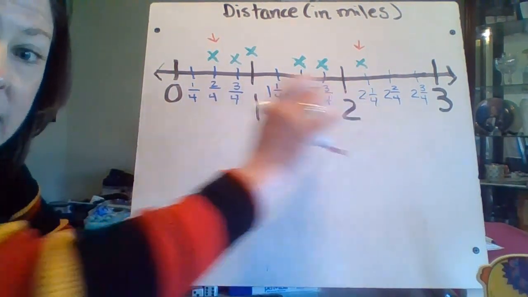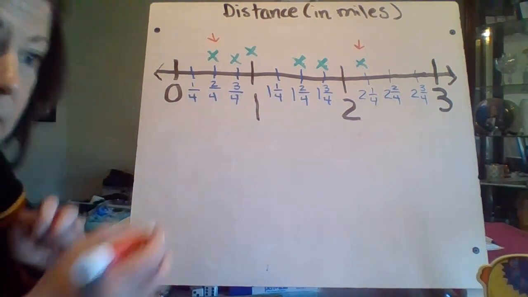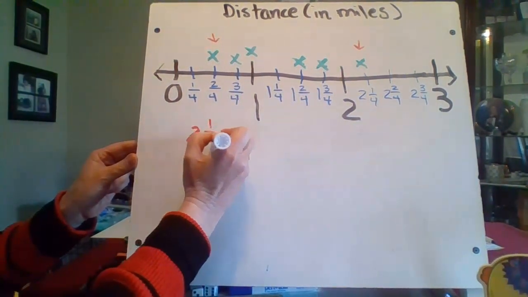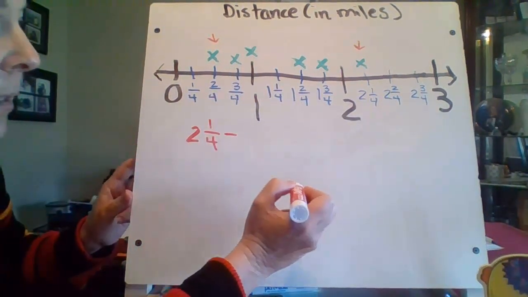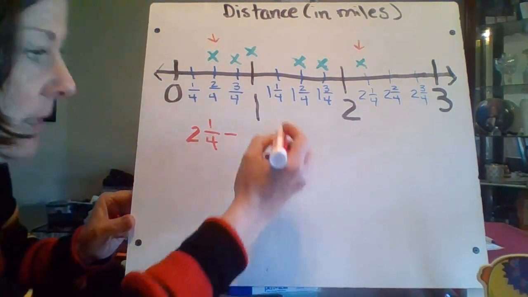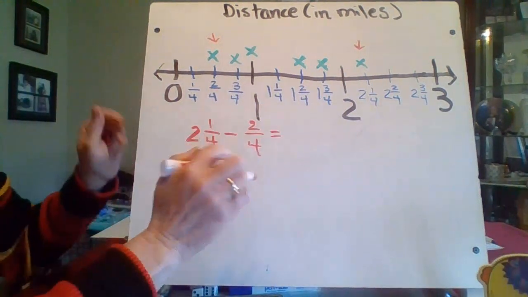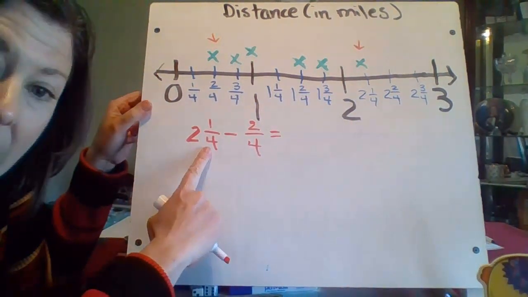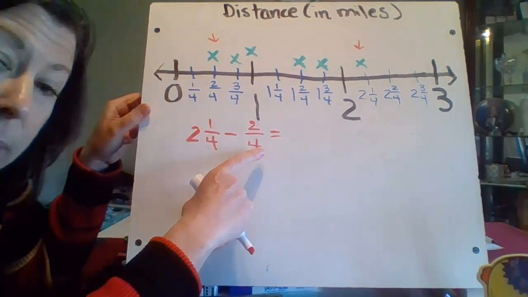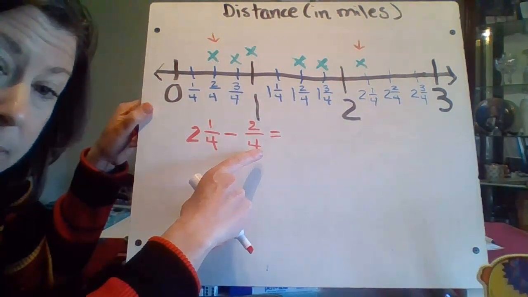So if I'm finding the difference, it's how much more did this person run? So in order to do that, I have to subtract. 2 1/4 minus 2/4. I don't have enough fourths to take 2 of them. So remember, I'm going to rewrite my mixed number.